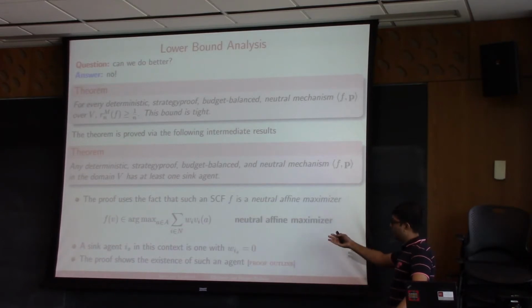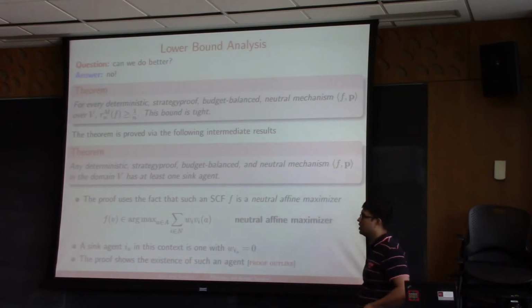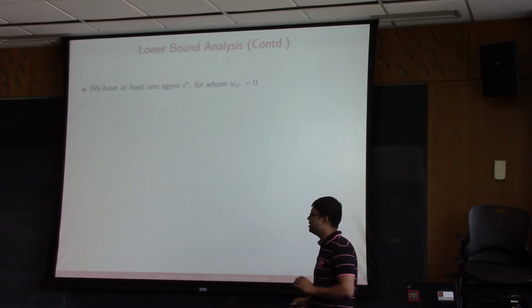So all that we need to show in order to prove that there exists at least one sink agent is that not all the weights can be positive. So having all weights positive is a contradiction to budget balance. That's how we prove this result.